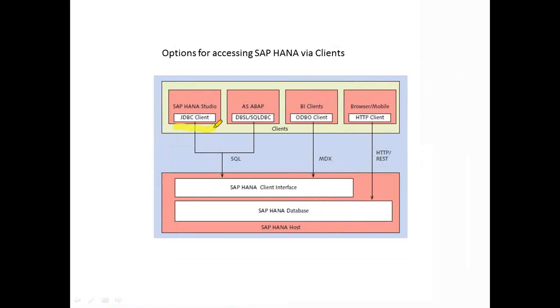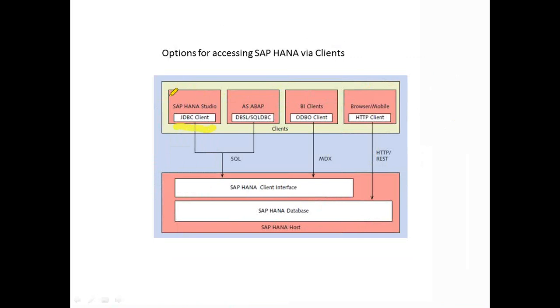That's a component that will be installed, and normal Java developers have more idea on that. When you work on any Java application, if the backend database is of multiple kinds, the JDBC client converts your front end into the database's native language.